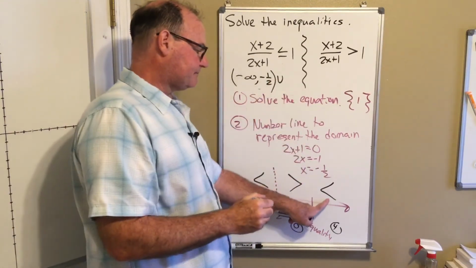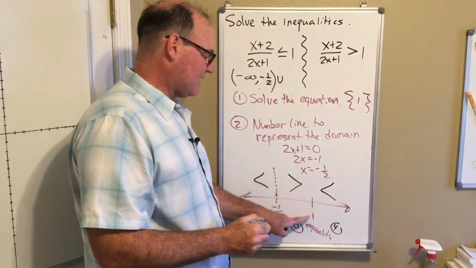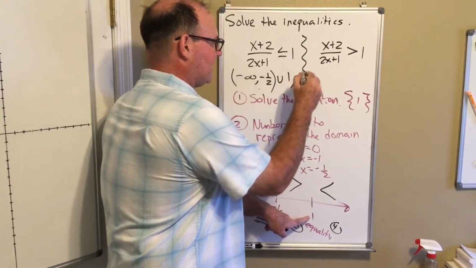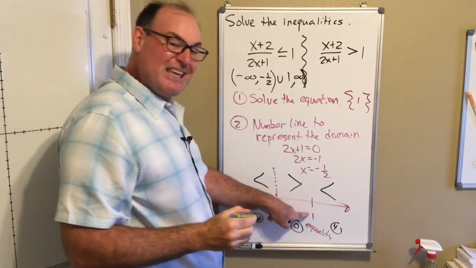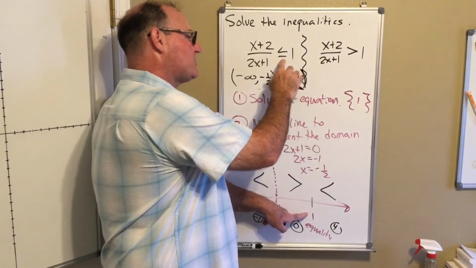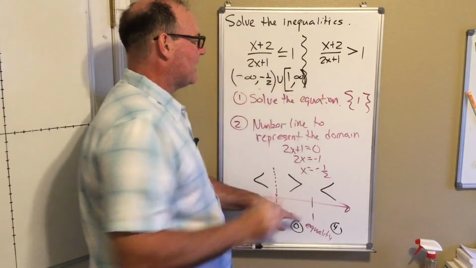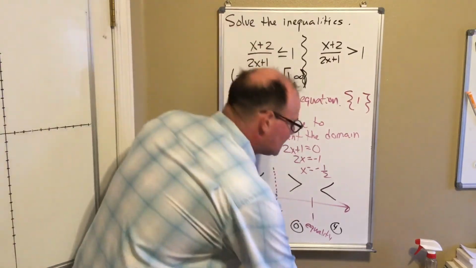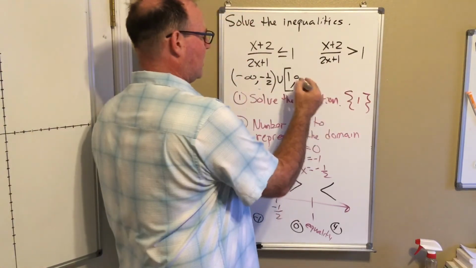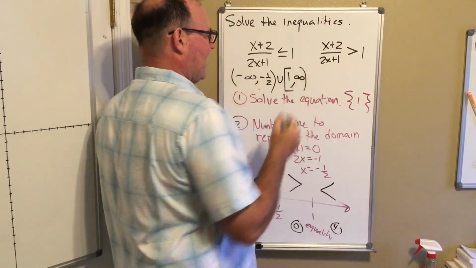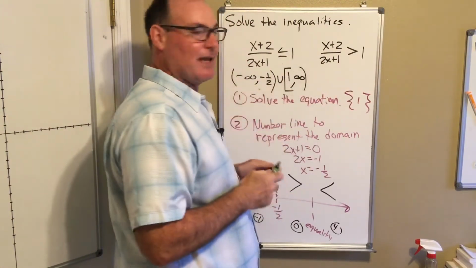And then I've got a less than right here in the interval 1 to infinity. Again, we always put a parenthesis at infinity. And this is a point of equality. I'm concerned about that, so I put a bracket at that side. Okay, so let me just neaten this up a little bit. I'm sorry I don't want this to be confusing at all, so I'll get rid of that little squiggle. And that is the solution to the less than equation.